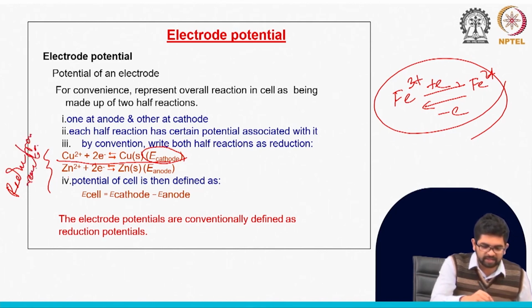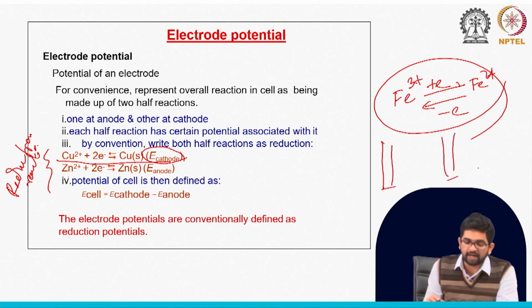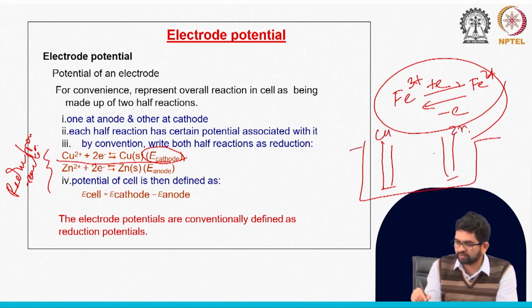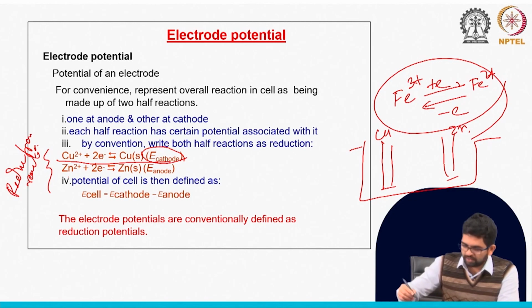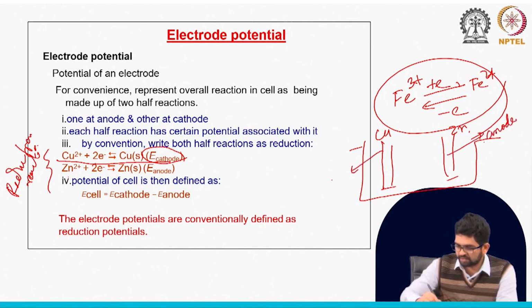But in an electrochemical cell, one part is the cathode, one part is the anode, right. So one part you can see copper, another part is zinc, right. I think you are very well acquainted with this setup. If one is the cathode and one is the anode, zinc is the anode, and copper is the cathode, right.